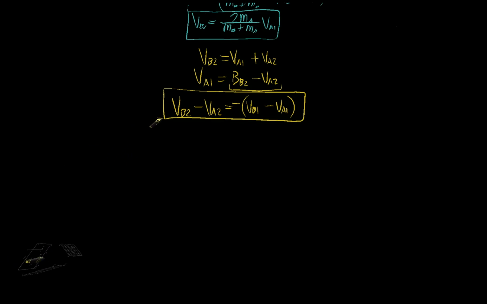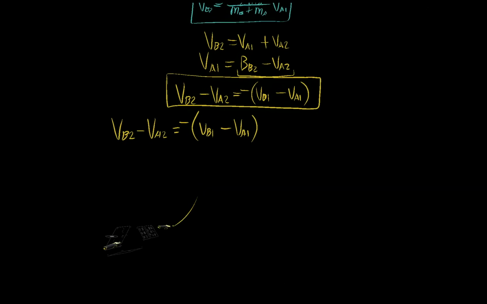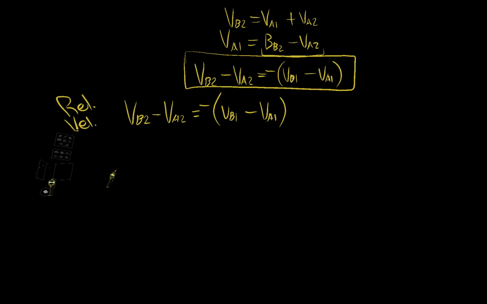So our relative velocity equation, for elastic collisions: VB2 minus VA2 is equal to negative (VB1 minus VA1).